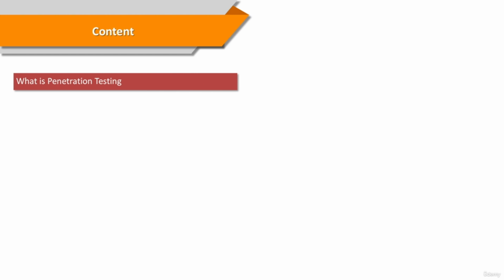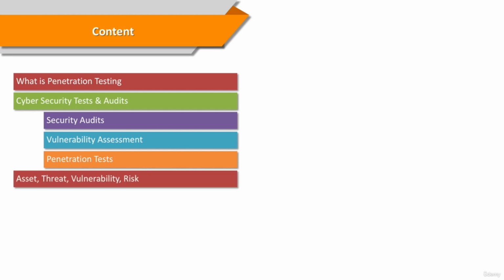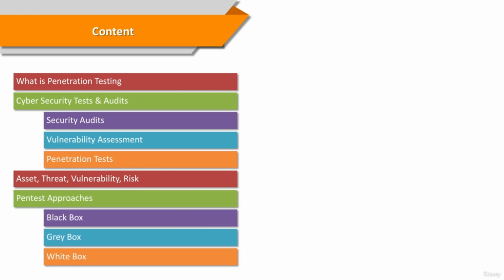In this section, we're going to learn what the penetration test is, and from now on, I'll just abbreviate it to pen test, the types of security tests and audits that we perform to understand the strength of an IT network, security audits, vulnerability assessments, and pen tests, the basic concepts of offensive security, asset, threat, vulnerability, and risk, the pen test approaches from black box to white box.